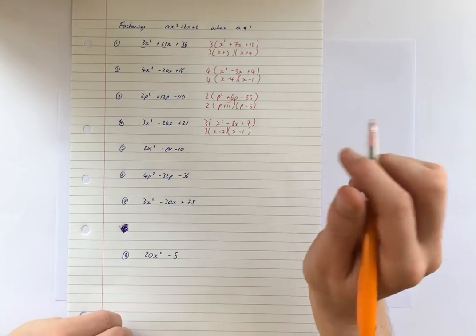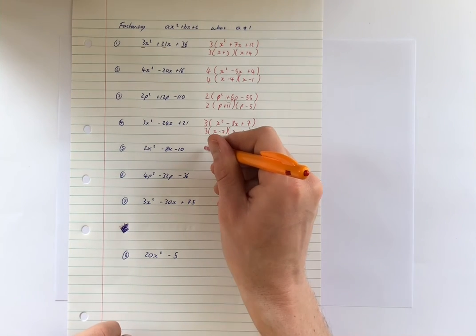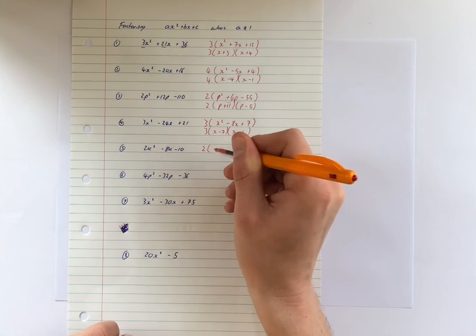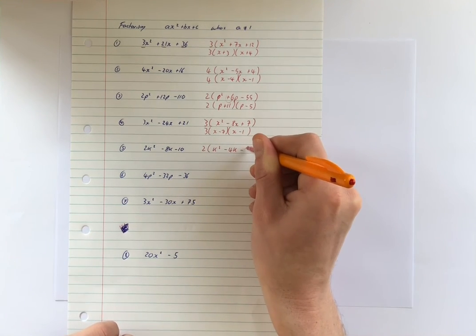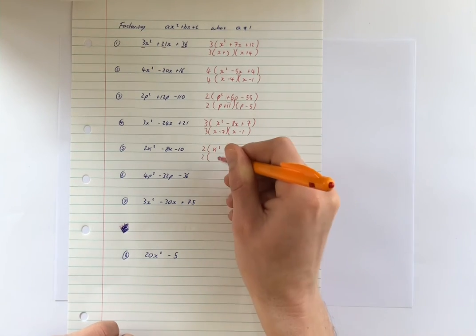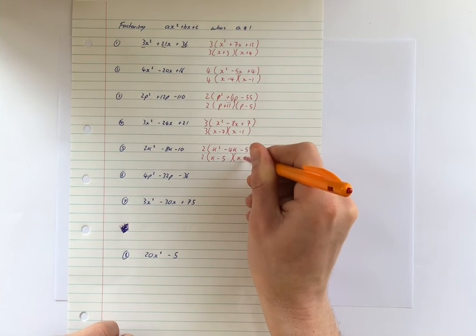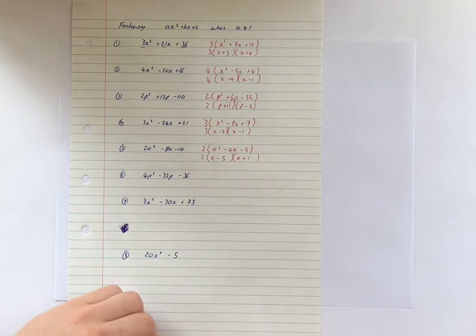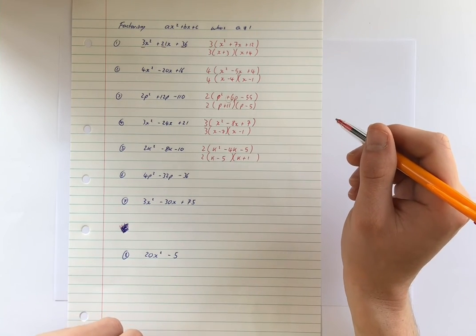Question 5, 2k squared minus 8k minus 10. 2 comes out, k squared minus 4k minus 5. 2, double bracket, it is a k minus 5, k plus 1. Since they multiply to negative 5, add to negative 4.